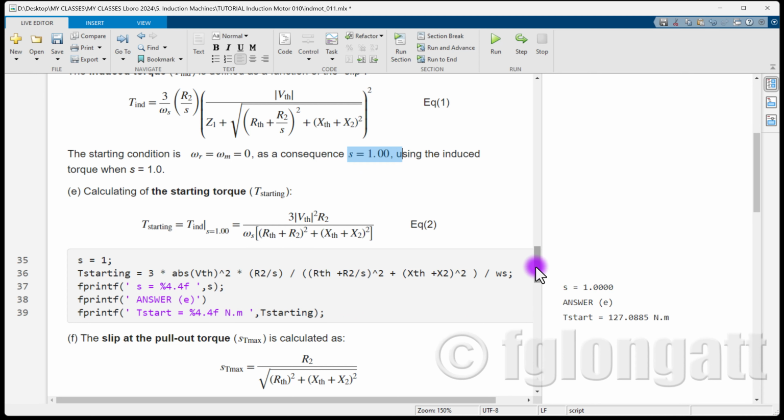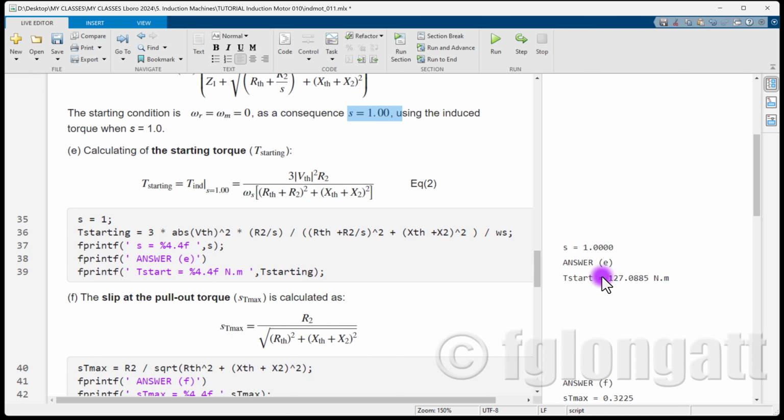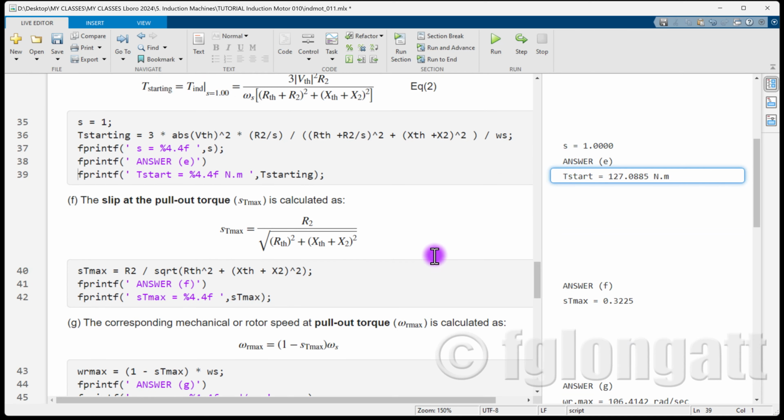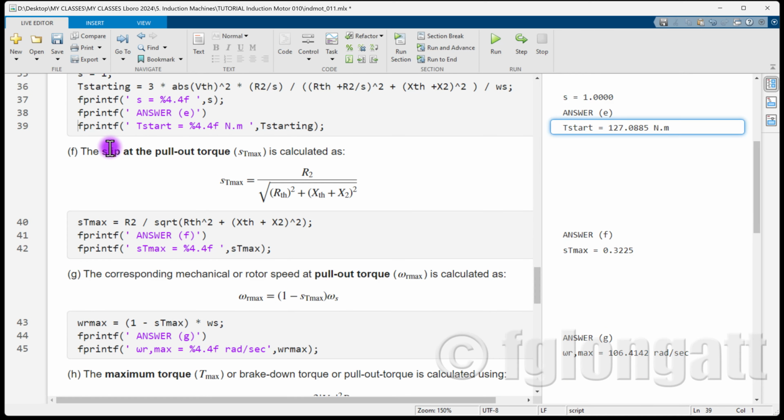So for the starting torque, when you put together all the numerical values, and remember here we need to use the absolute value of the Thevenin voltage because this is a complex number, the starting torque is 127 Newton meters.